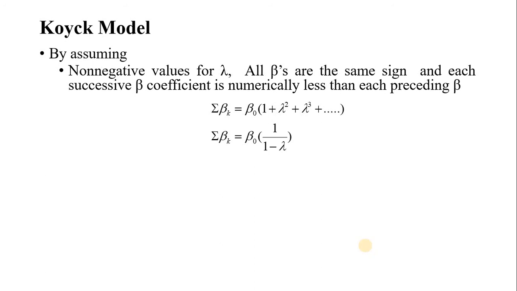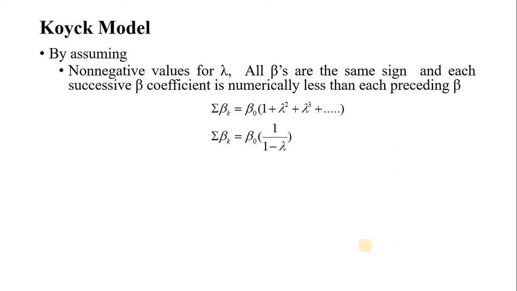This is what? Sum of the geometric progression, or sum of the infinite geometric progression. You might have learned this in your schooling, basic mathematics. What is the sum of an infinite geometric progression? It will be the initial value multiplied by 1 divided by 1 minus lambda. So here it will be beta 0 into 1 divided by 1 minus lambda.